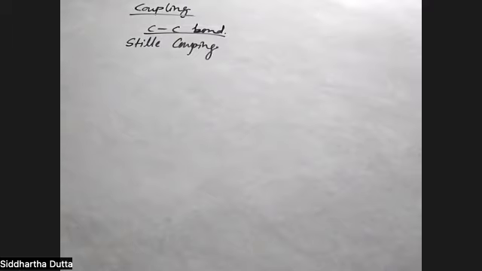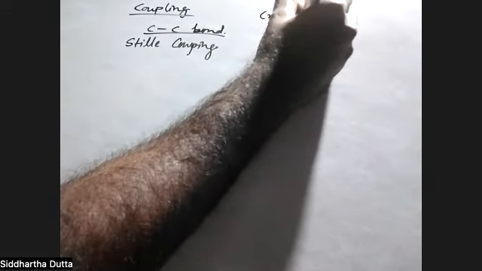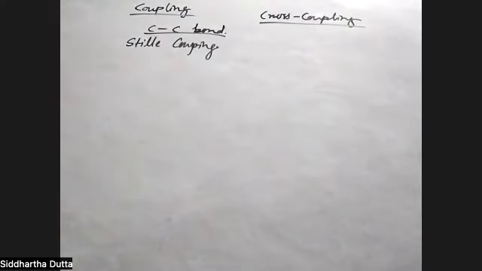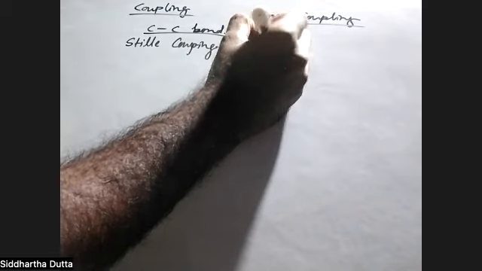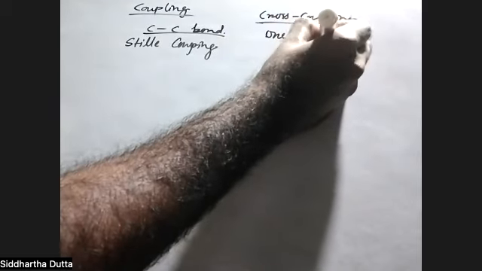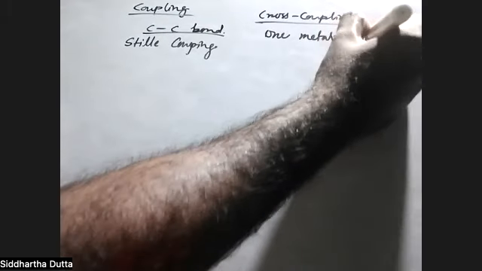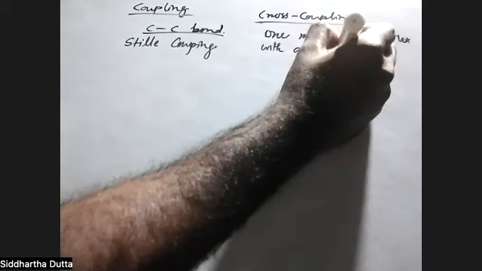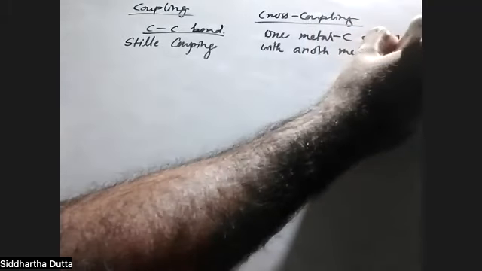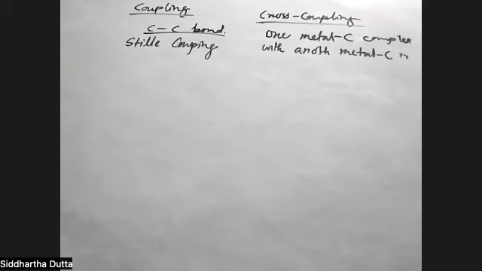On the other hand, cross coupling is also a coupling reaction, but here the coupling is from one metal carbon complex with another metal carbon complex. An example of this type of reaction is Sonogashira.